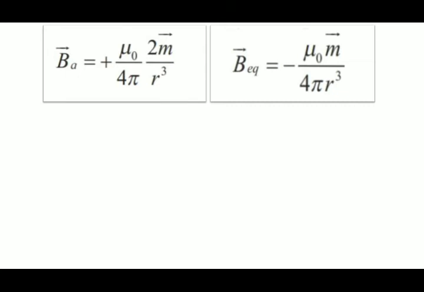Now forget the negative sign, suppose we take the positive side. Is there any difference or similarity between these two formulas? See, mu naught upon 4 pi is common in both formulas. The magnetic pole strength m is also common in both. R cube is also common in both. What is the difference? One is having 2, the other is having 1. That is, B axis is having 2m and B equator is having only m.